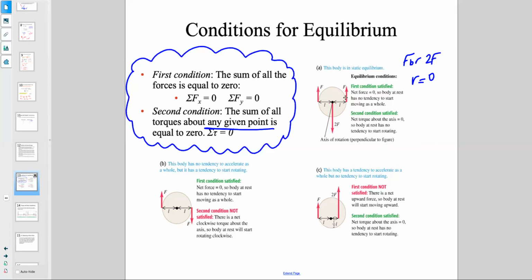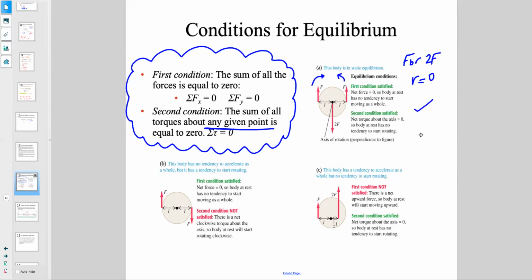But for these, one of them will tend to make this disk rotate this way. The other one is causing the object to rotate this way. One is clockwise, the other is counterclockwise, so they will cancel out. So you have both conditions satisfied. So this is staying in equilibrium.